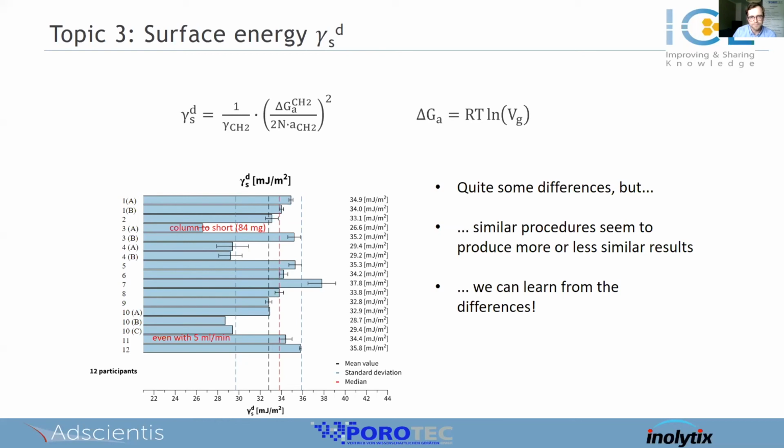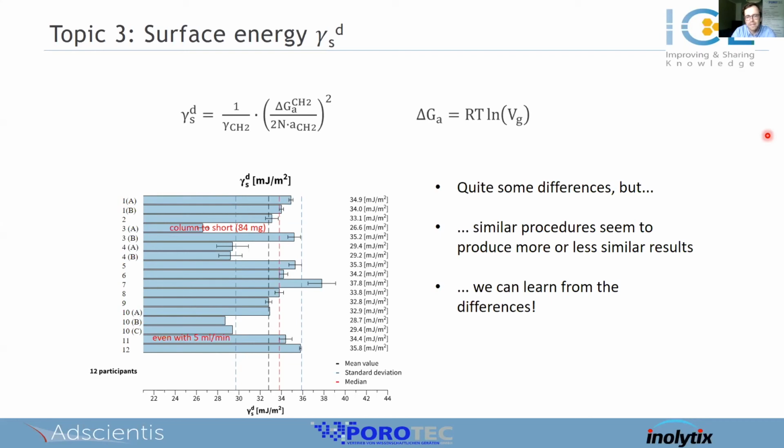At first, we want to look at number 1, A and B. We have a good reproducibility. Also for number 4, A and B, we have a good reproducibility, but these values are a bit off or a bit low. It can be said that number 4 is a university that uses a special way to determine the dead time.